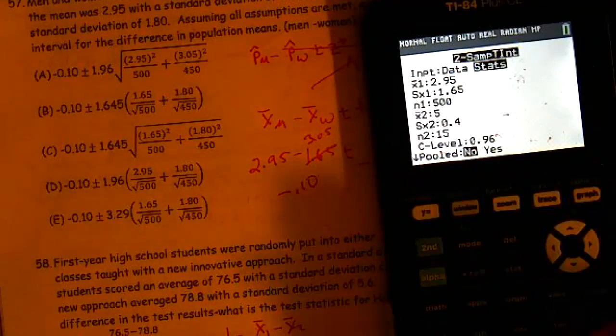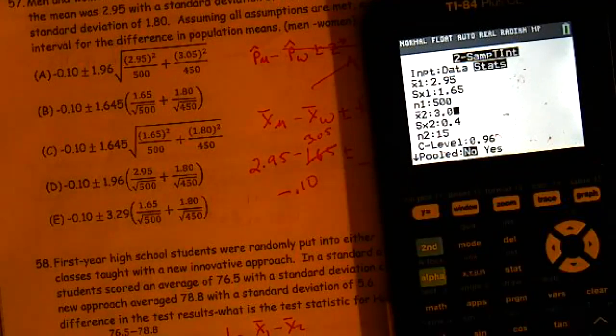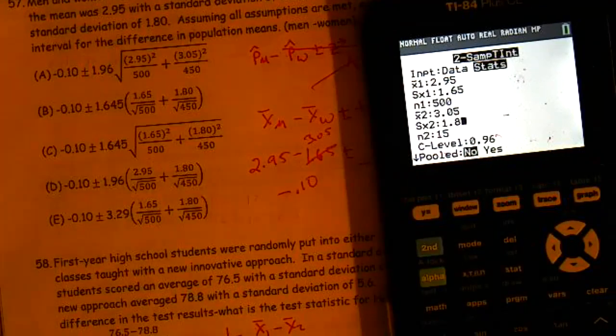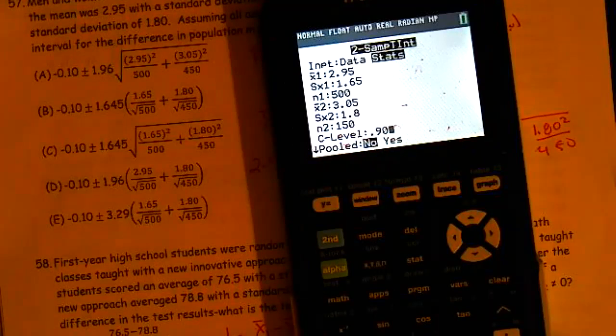For the women, we had a mean of 3.05, a standard deviation of 1.8, and a sample size of 450. And we want to create a 90% confidence level, 0.90.